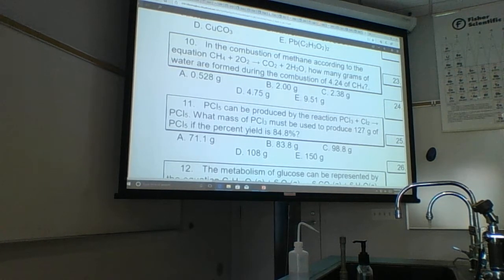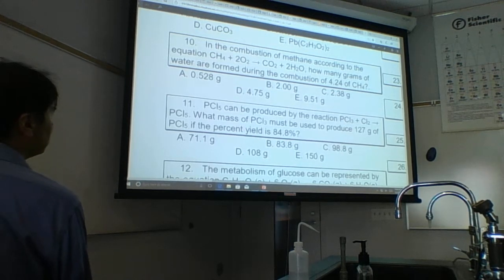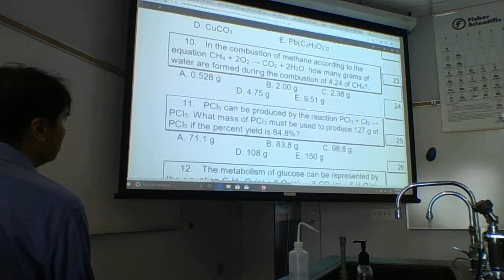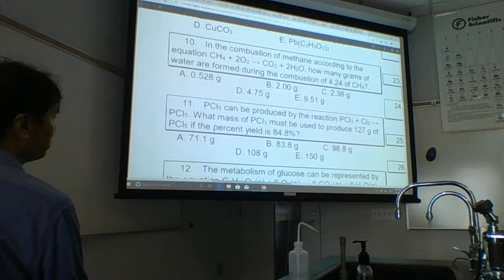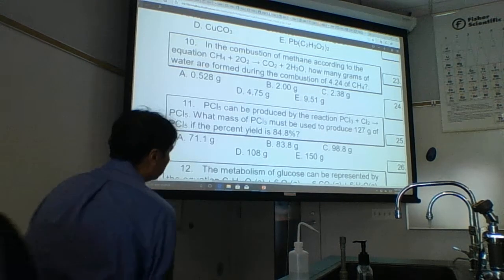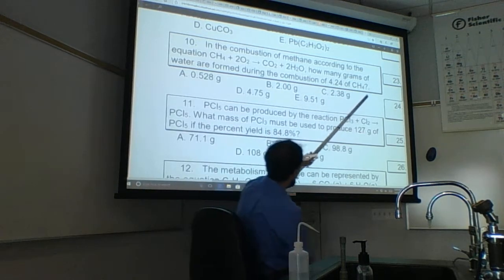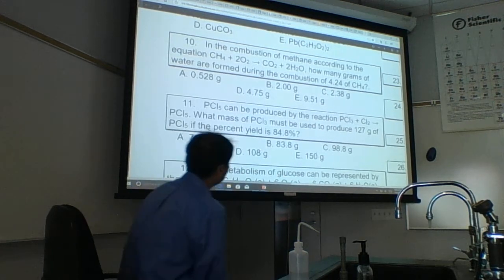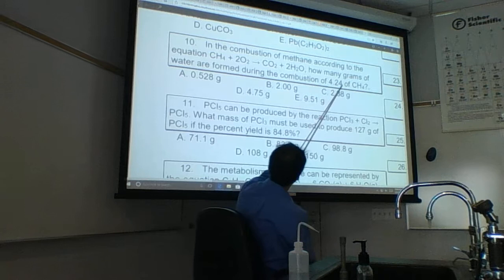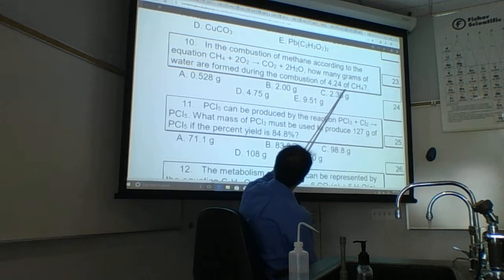In the combustion of methane, according to the equation, so I gave you the balanced equation for methane combustion. How many grams of water are formed during the combustion of 4.24 grams of methane? This should be 4.24 grams of methane.